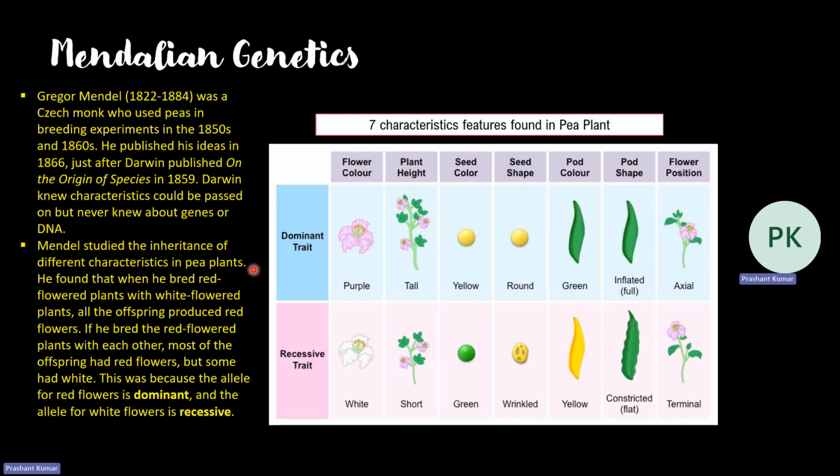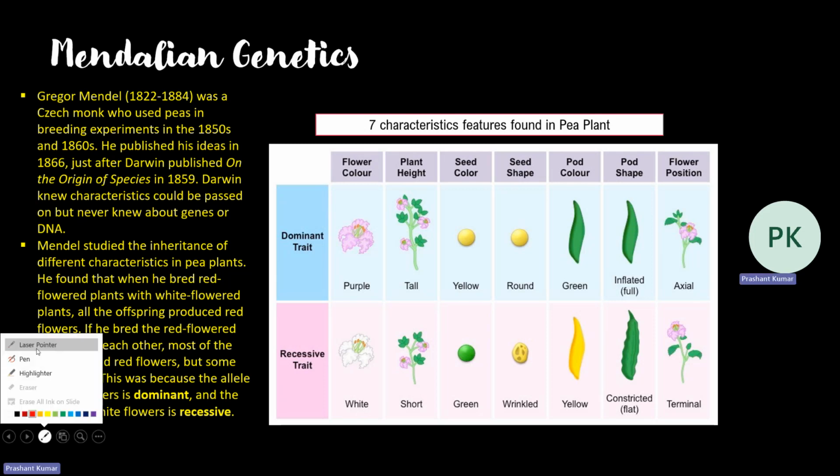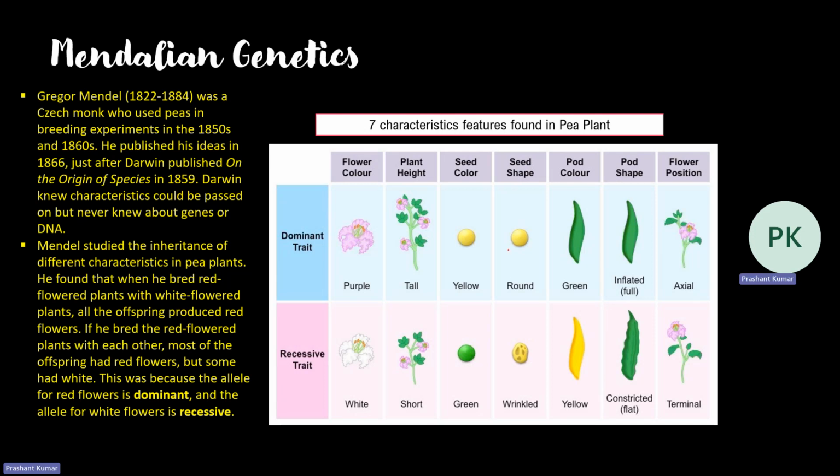Mendel studied the inheritance of different characteristics in the pea plant, and you can see in the diagram there are 7 different characteristics, and all are found in the pea plant. So let's talk about the dominant trait, and we know the dominant trait is always written with a capital letter.